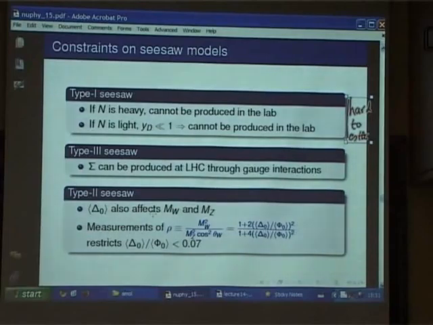Then you have type 2 seesaw. The type 2 seesaw couplings come from very different constants, because we haven't seen delta, of course. However, this introduces complications in the theory, because we have the vev of delta 0. Delta 0 is part of a triplet.